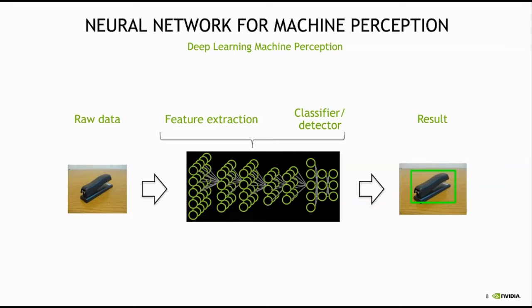Okay, thank you. So as you can see here, neural networks are basically really good feature extractors, and what it does is it does both the task, the feature extraction as well as the classification and detection, in one single stage. When I say one single stage, what I basically mean is that the neural network is able to do the extraction as well as the classification and detection all by itself.